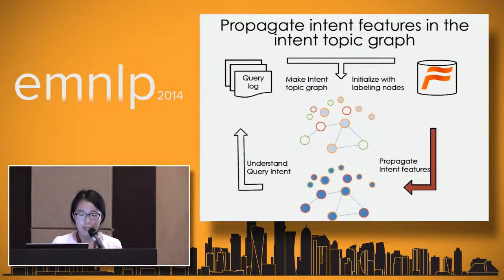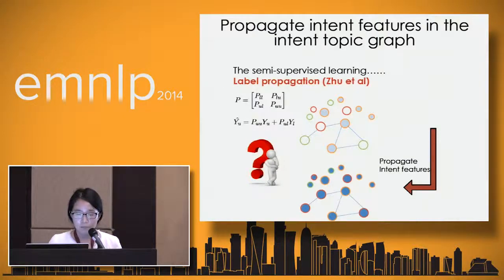And now we label some of the nodes. So how can we get the feature of all the intent topics we made before? Here we rely on the famous semi-supervised learning algorithm proposed by Zhang, label propagation.